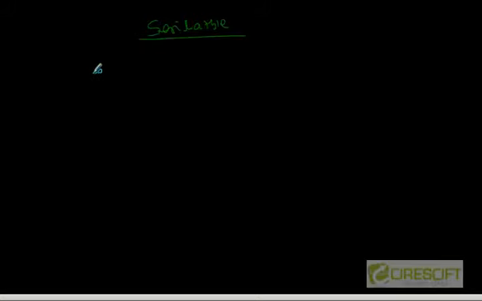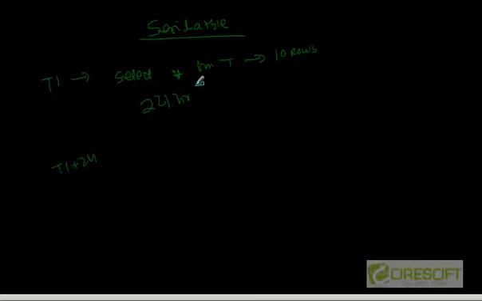Let's say for example at time t1 you do select star from t, and then you don't do anything and sleep for 24 hours. Say it gives you 10 rows. After t1 plus 24 hours, if you do select star from t, you will get exactly the same 10 rows.